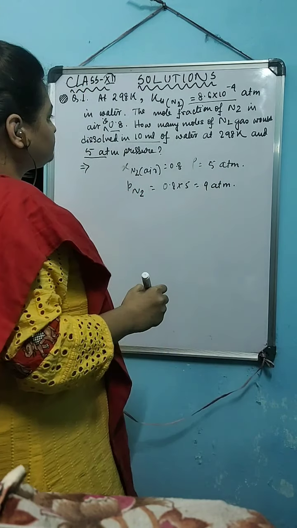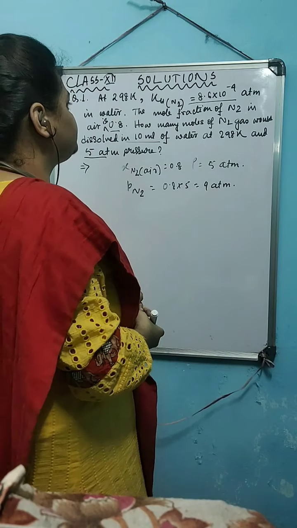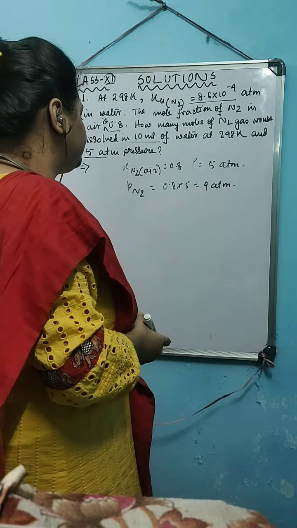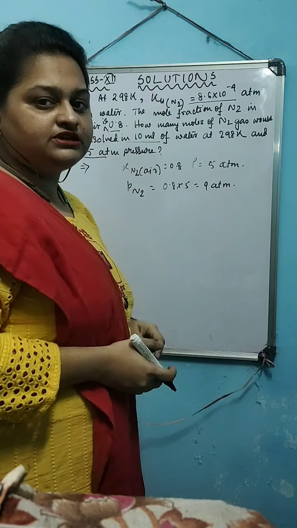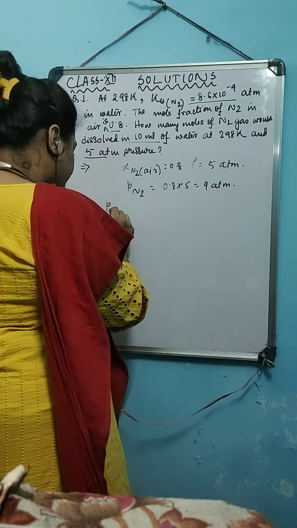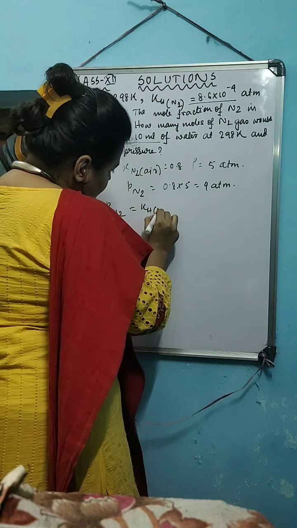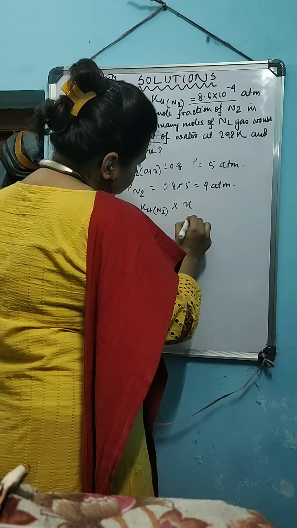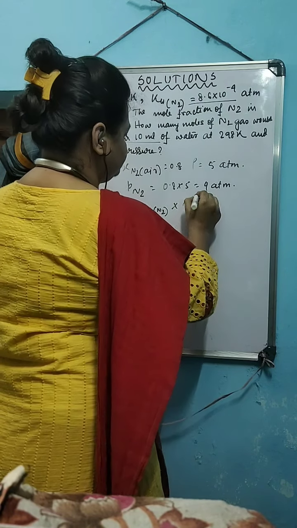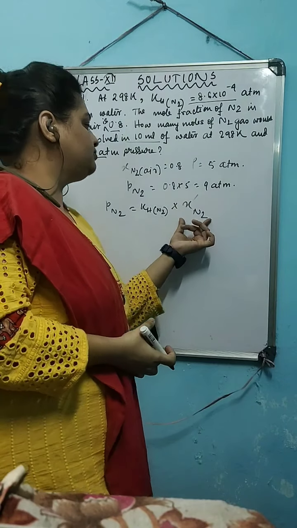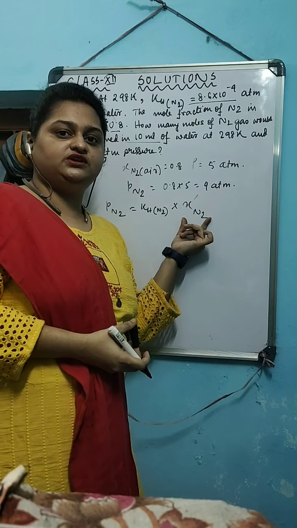I already have Henry's constant for this dissolution process. So through Henry's equation, I can find out the mole fraction of nitrogen in this solution.